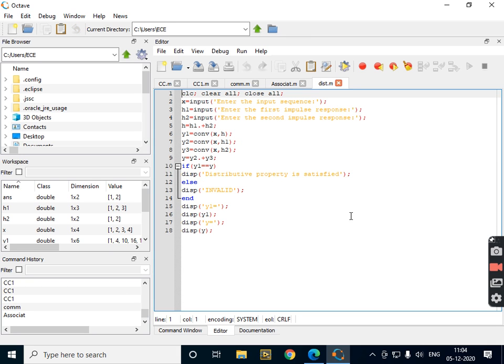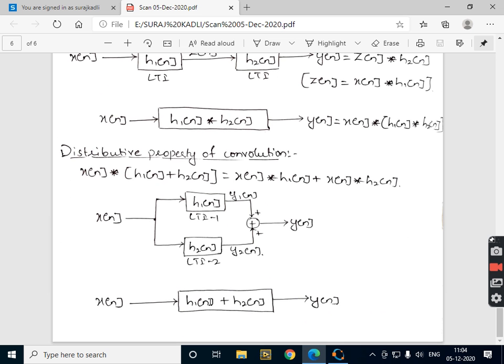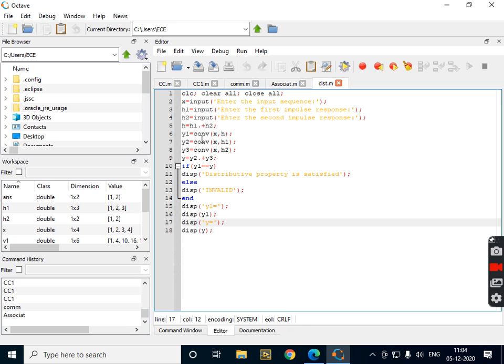And likewise for the distributive property, we need to have the sum of two convolutions. So we'll be taking two sequences and adding them element-wise to obtain one sequence h, and then we'll perform convolution. Y1 will be the convolution of x comma h, and y2 will be the convolution between x and h1, y3 will be between x and h2, and then we'll add these two convolutions to obtain y.